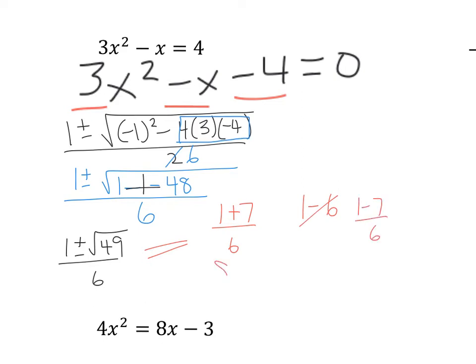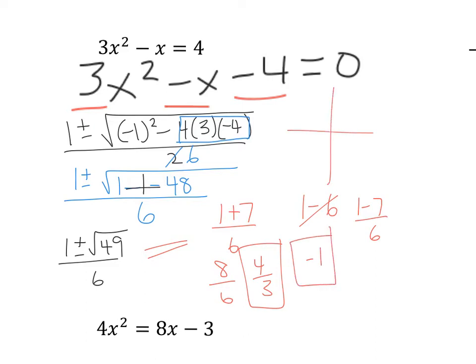So this is going to be 8/6, which is 4/3. This is an exact answer. And this is going to be negative 6/6, which is negative 1. So 2 answers, because this parabola is going to cross the x-axis twice at negative 1 and 4/3. Totally not drawn to scale there.